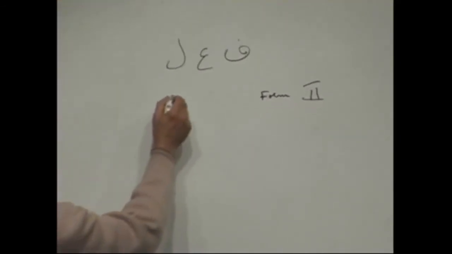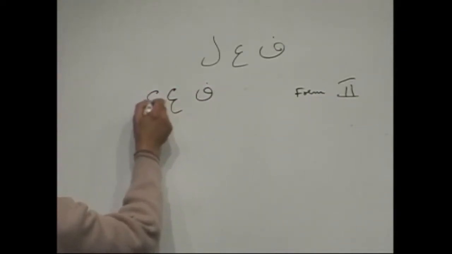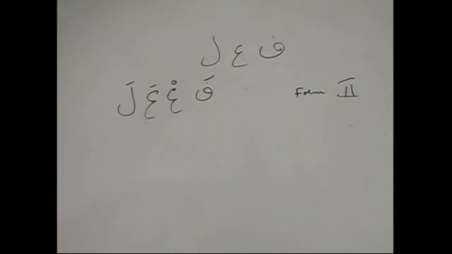What happens in form 2? We have fa, then a, and then la. Are you with me, brothers and sisters? What happened here? The Ain Kalima was doubled. Extra Ain Kalima. Okay?